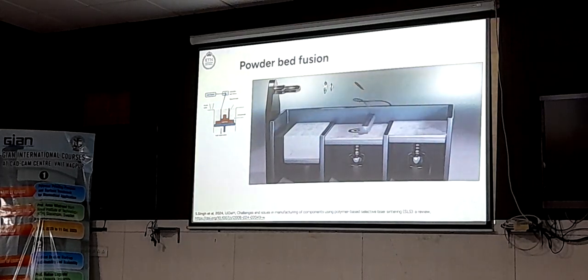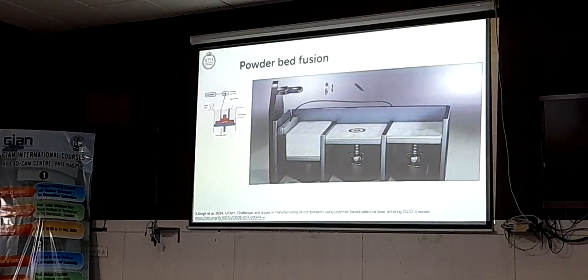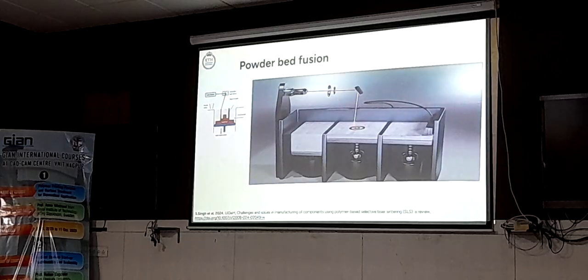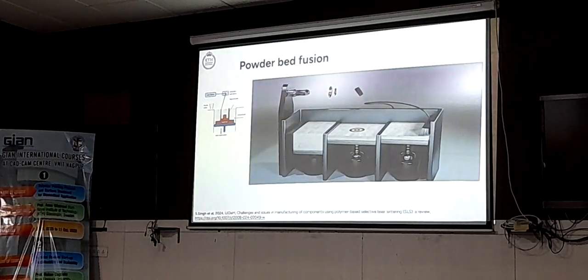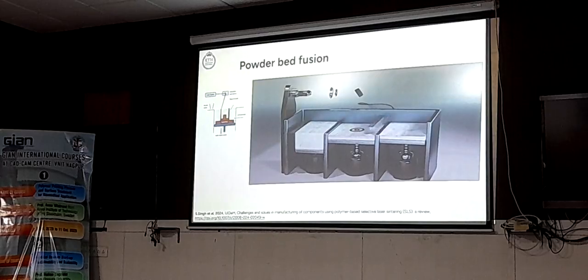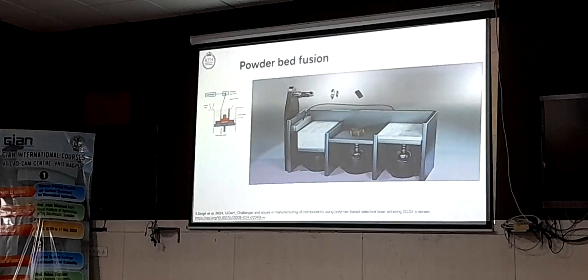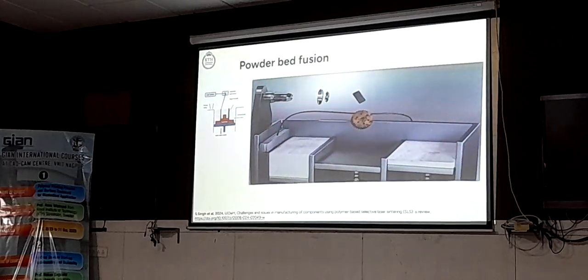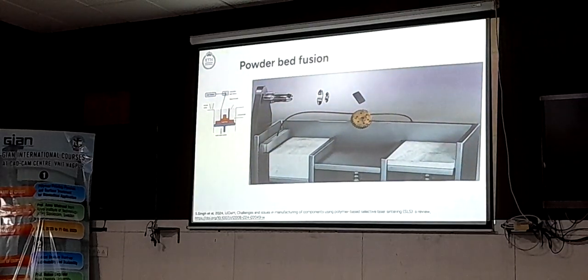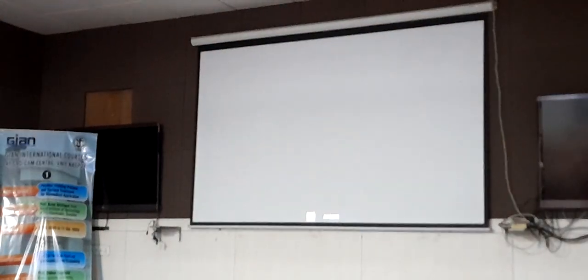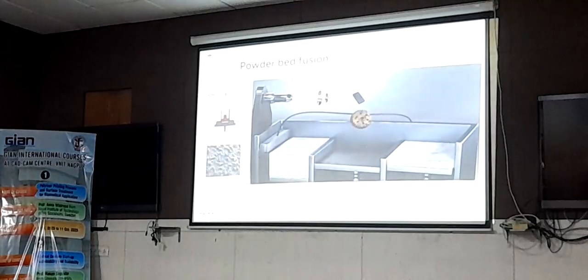You create a layer, there is irradiation at specific points, and then you add a new layer, and the laser is working, creating the structure in this way. It's possible to do quite complex structures, and it's quite used in companies.